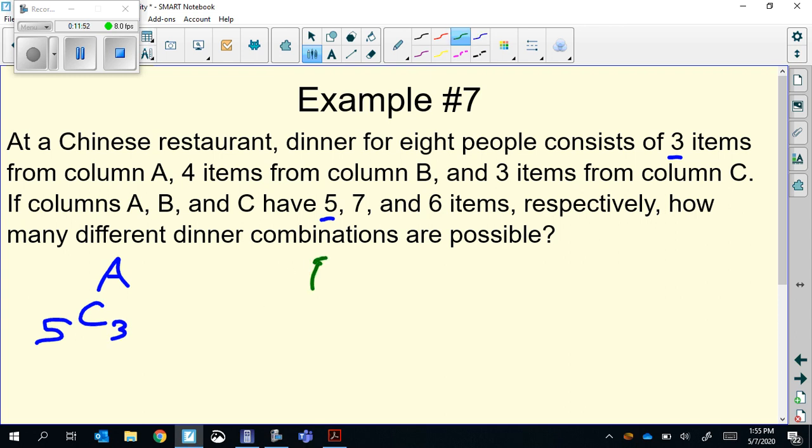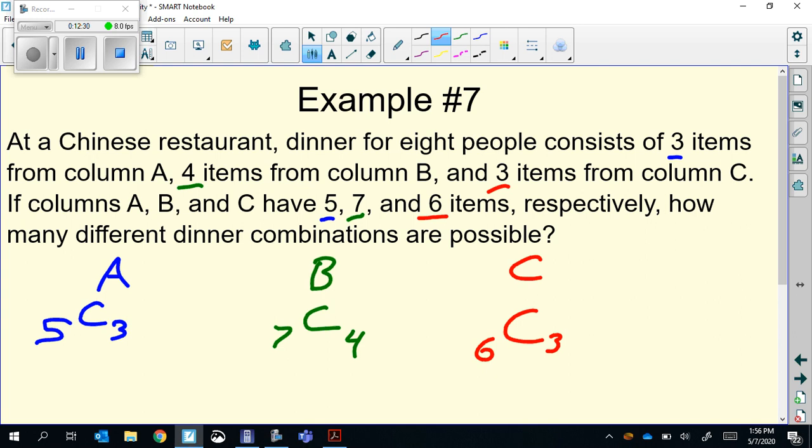For part B, again, order is not going to matter, so there are 7 choices, and you get to pick 4 of them. And then from column C, so this could be like entrees and sides and desserts or whatever it works out to be. Again, order doesn't matter. There are 6 items on the menu, and we get to pick 3 of them for the table.